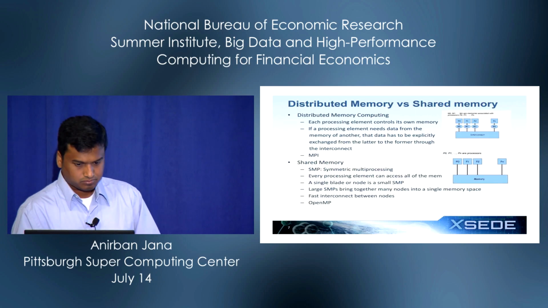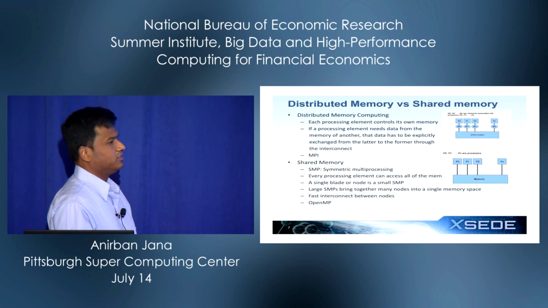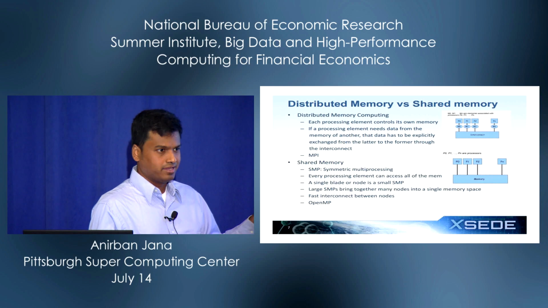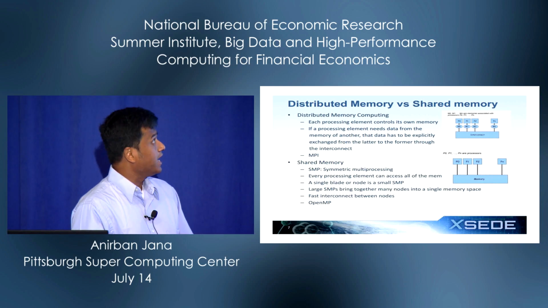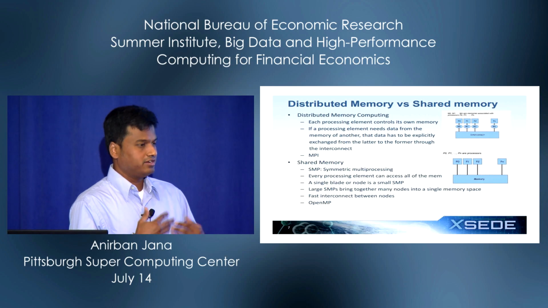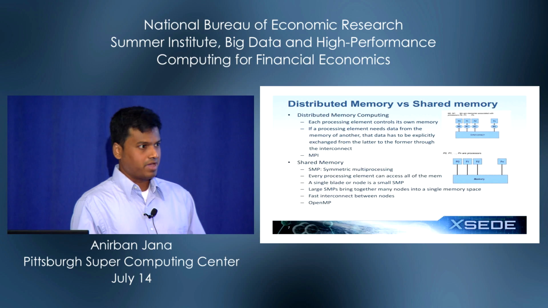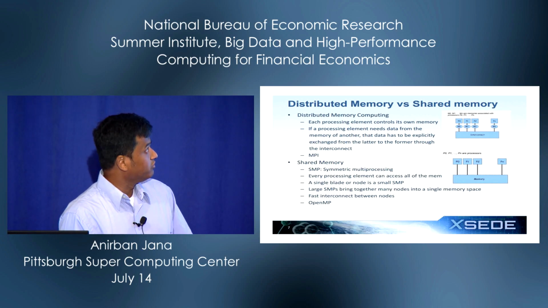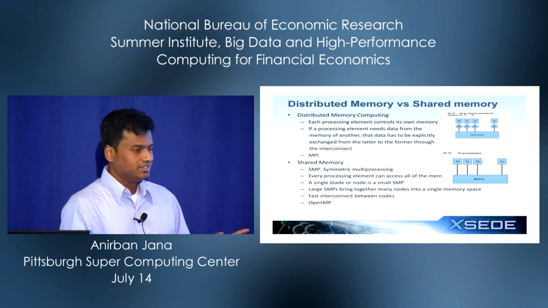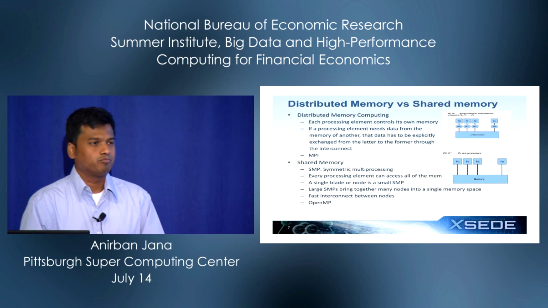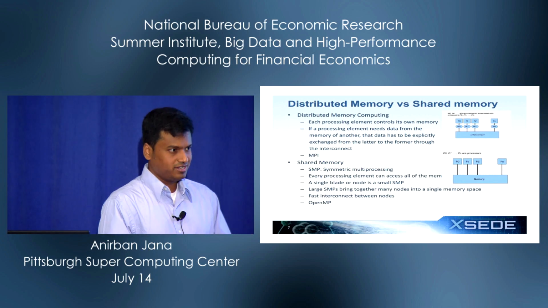Okay. So those were the different flavors of supercomputing that are current. Now let me talk a little bit about different parallel programming paradigms. The first is distributed memory computing, and this has been there for a long time. This is really how parallel programming started.